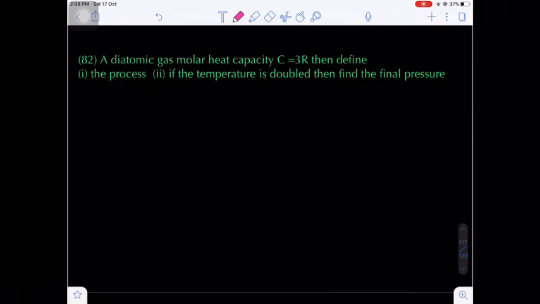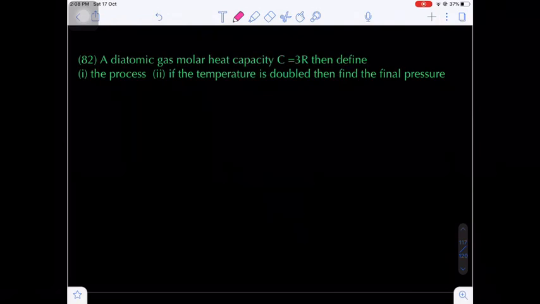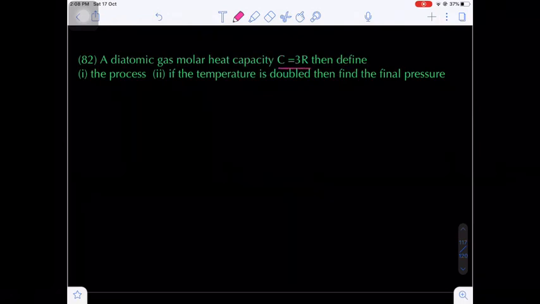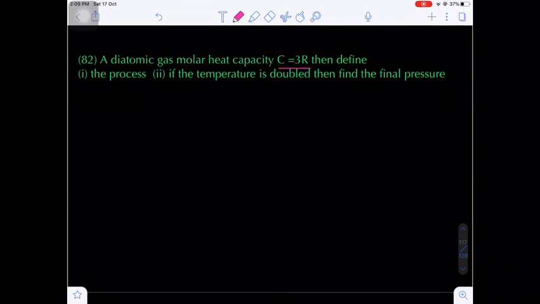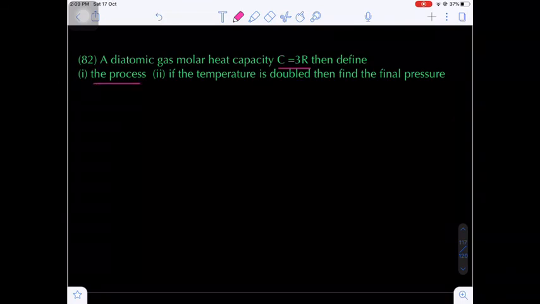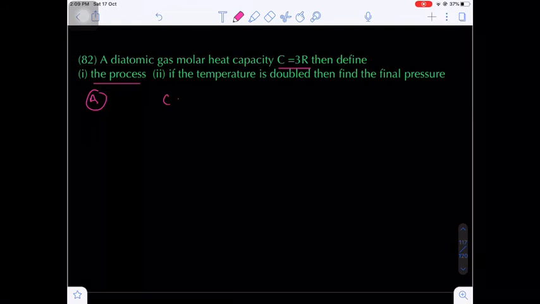Okay. Now question number 82. In this question, a diatomic gas molar heat capacity is given. Now here the question is reversed. The molar heat capacity of a polytropic process is given, then we have to find which process it is. That means we have to find the relation between pressure and volume. Now what will be the general formula?